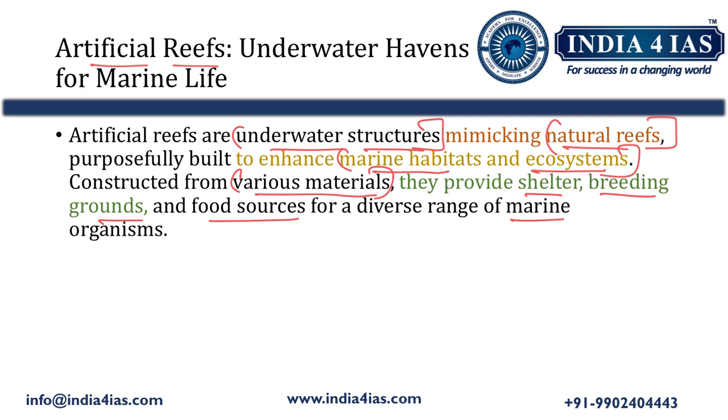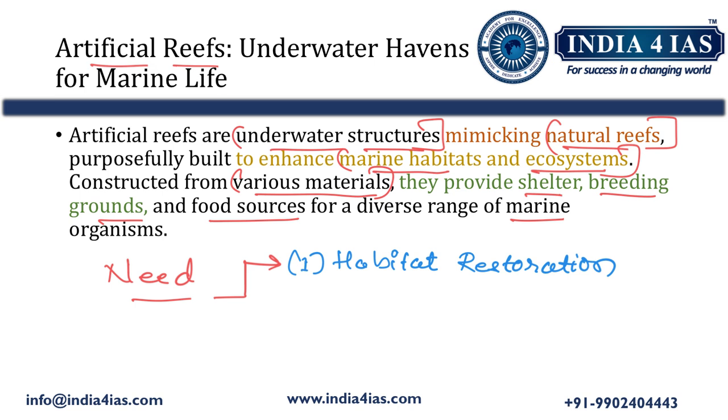Now we will briefly discuss the need for artificial reefs. Artificial reefs are built to restore the habitat of marine species. Wherever the natural habitat of marine species has been damaged, artificial reefs are built in order to enhance their habitats. The second reason is to enhance the fisheries.